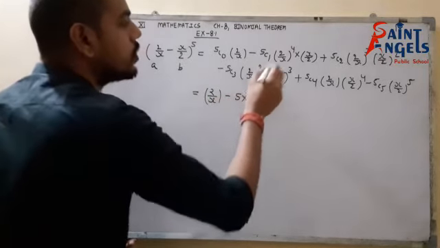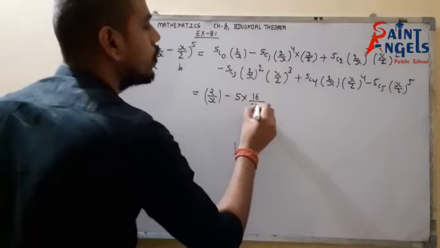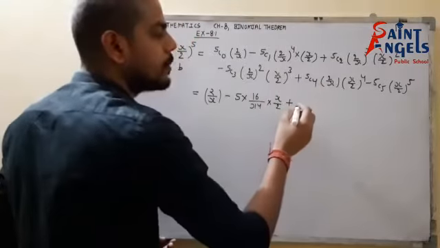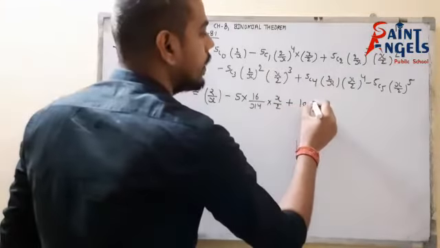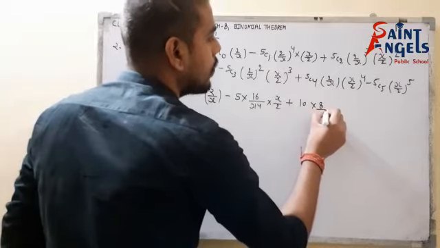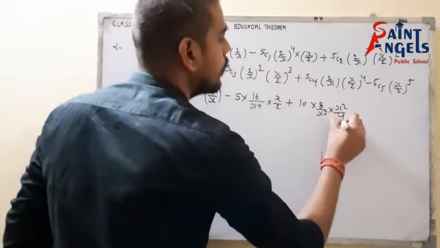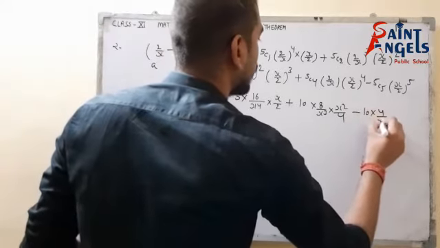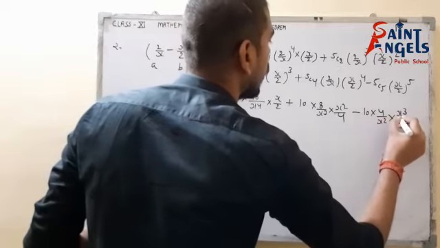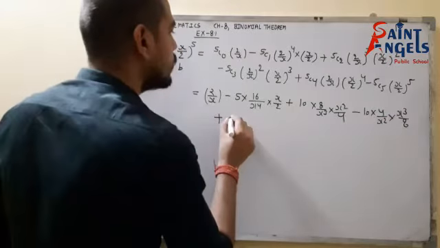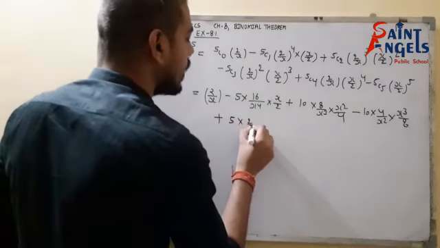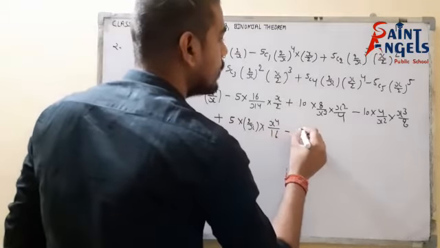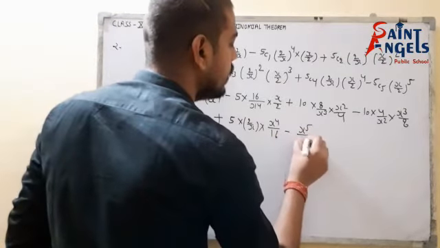So that would be 16 upon x to the power 4 into x upon 2. 5c2 we have just solved in the previous question, that was 10, and that would be 8 upon x cube into x square upon 4, minus 5c3 also 10 into 4 upon x square into x cube upon 8, plus 5c4 is 5 into 2 upon x into x to the power 4 upon 16, minus 5c5 is 1, x to the power 5 upon 32.